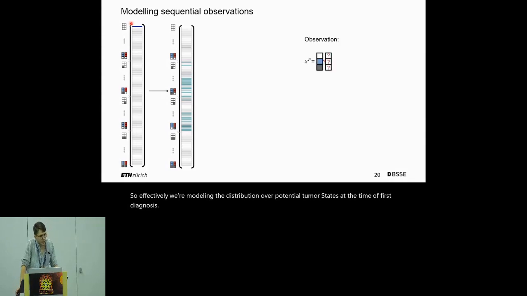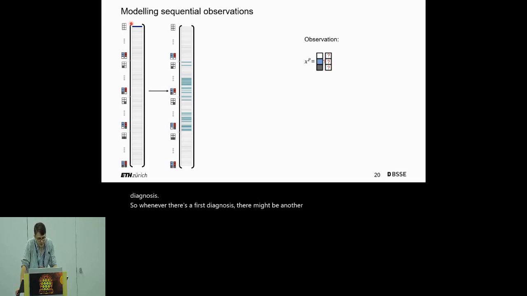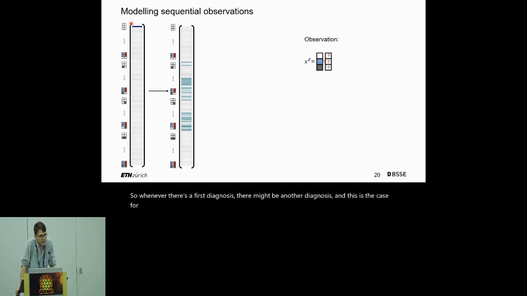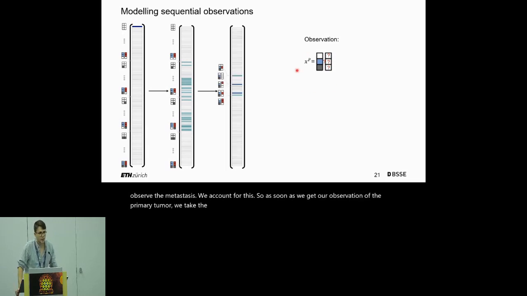Whenever there's a first diagnosis, there might be another diagnosis. And this is the case for many metastatic tumors. We first observe the primary tumor many years before we observe the metastasis. We account for this. As soon as we get an observation of the primary tumor, we take the distribution and condition it on that observation by selecting the set of states where the primary tumor genotype matches the observed genotype. Then we set the probability mass of all other states to 0 and renormalize.